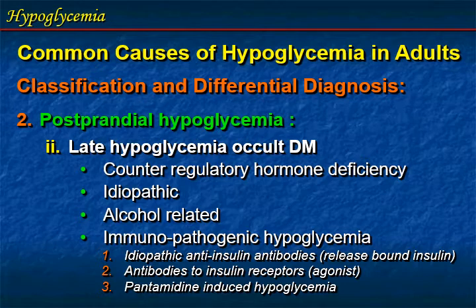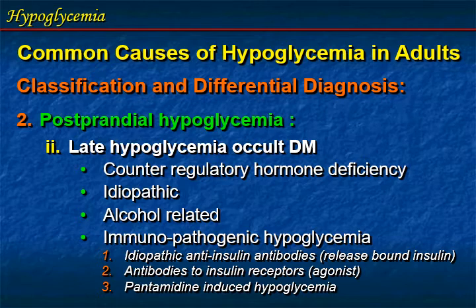But in the postprandial or the late hypoglycemic occult diabetes, we have a very important group, which is said to be immunopathogenic hypoglycemia. Whenever we hear the word immunopathogenic, we think either about antibodies or B or T lymphocytes.